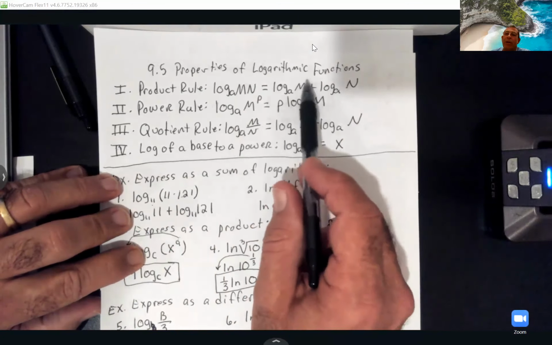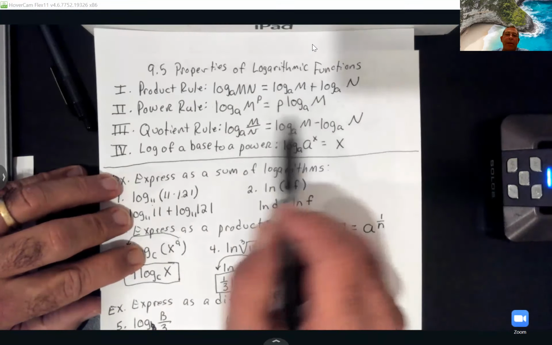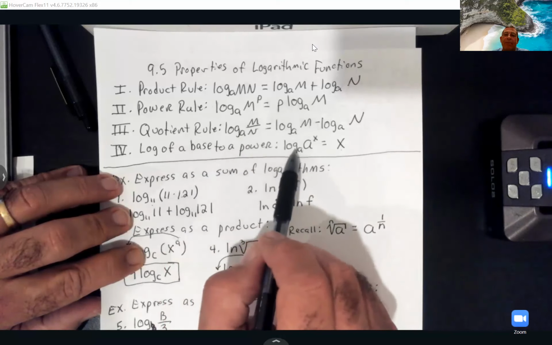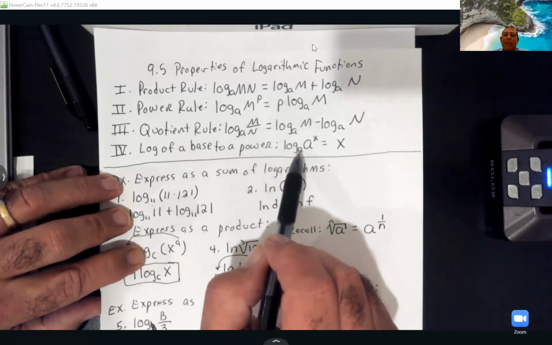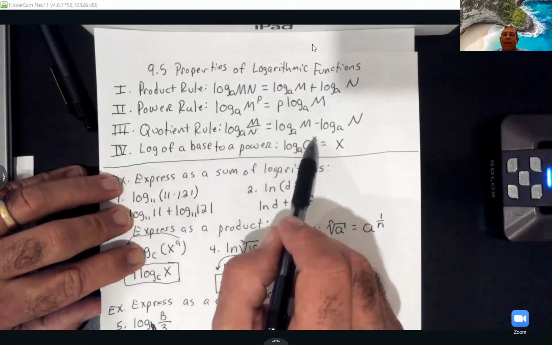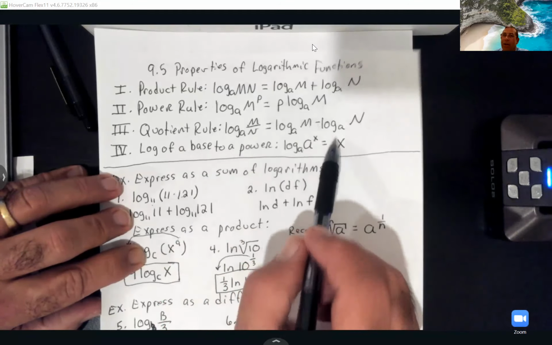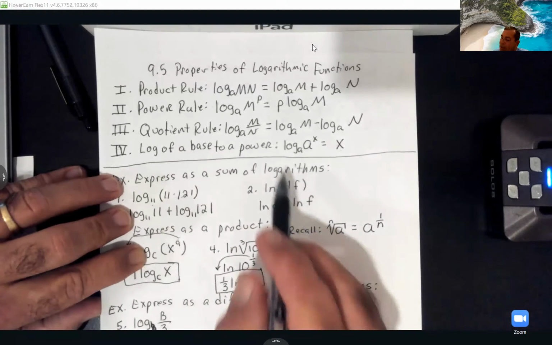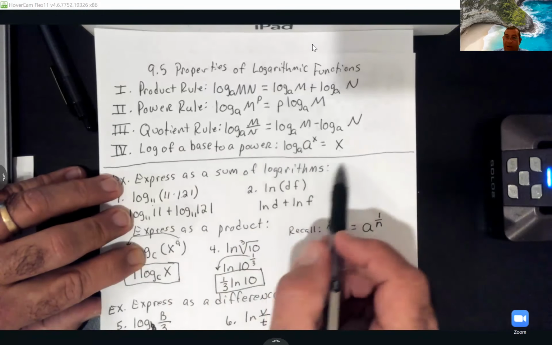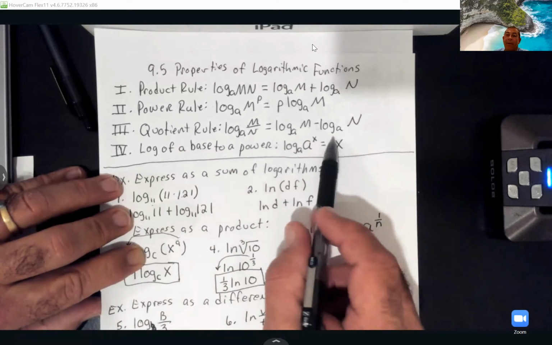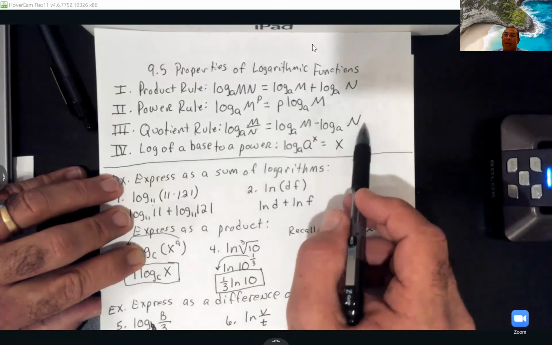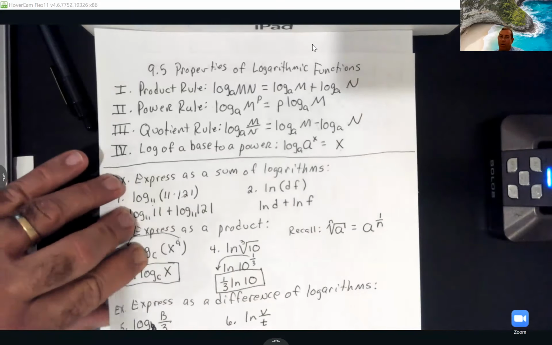Those three rules you're going to get hit with quite a bit, but sometimes we might have something that looks like log base A of A to the X, and that will just equal X in the long run. You'll see at least two problems doing this also. But focus on these three main rules at first when you get started.